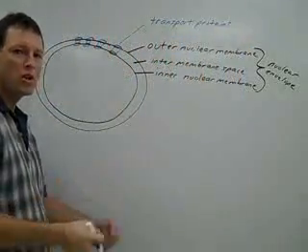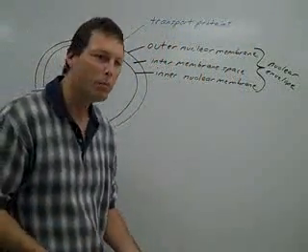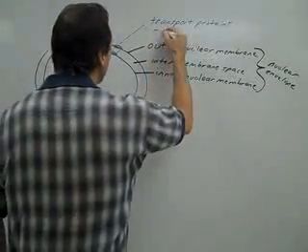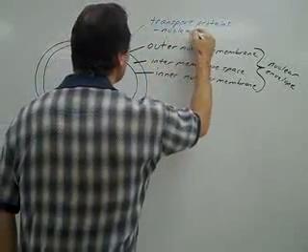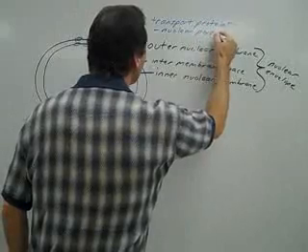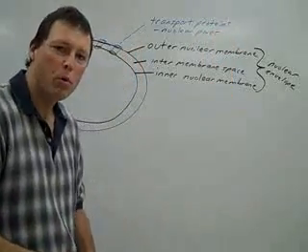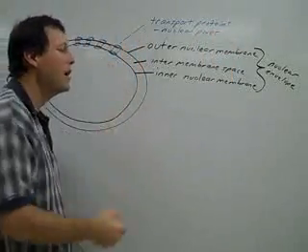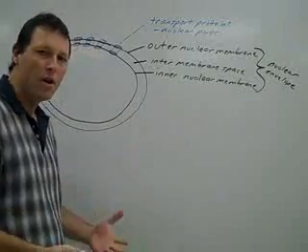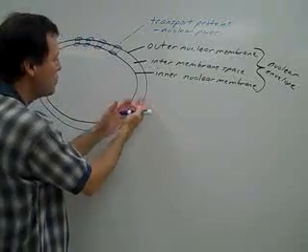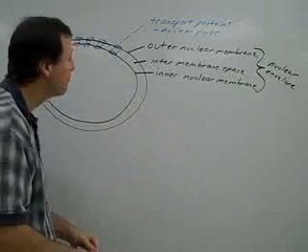And in the nucleus, the transport protein has a special name. We're going to call it a nuclear pore. The nuclear pores transport polar materials into and out of the nucleus. Nonpolar materials simply diffuse right through the cell membrane.